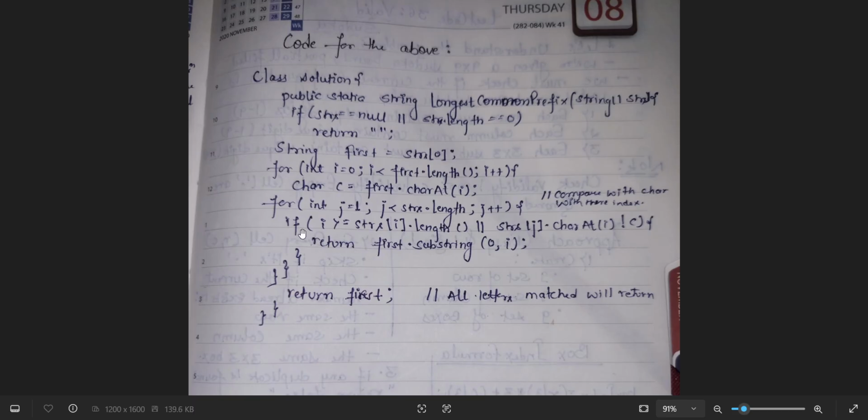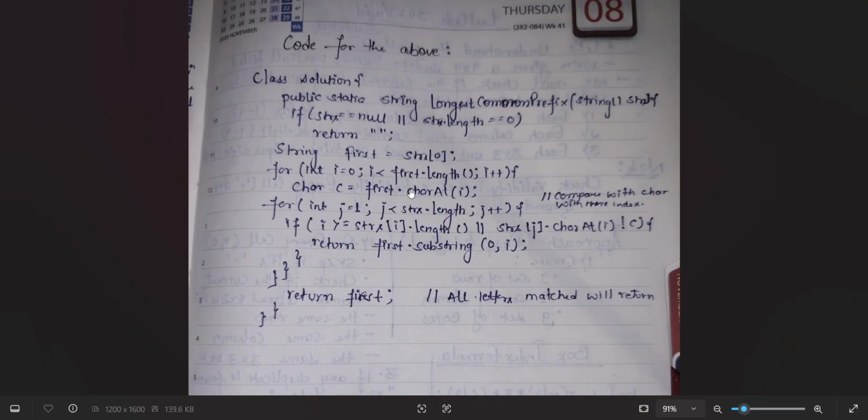So from here you can see, i runs up to the length of the string. If str of j dot charAt i is not equal to c, which here is the first character, so if it does not match, simply return the first string's substring 0 to i.